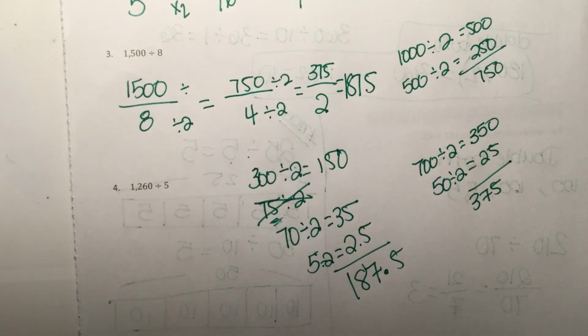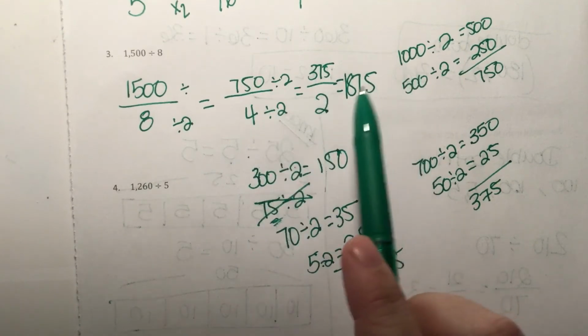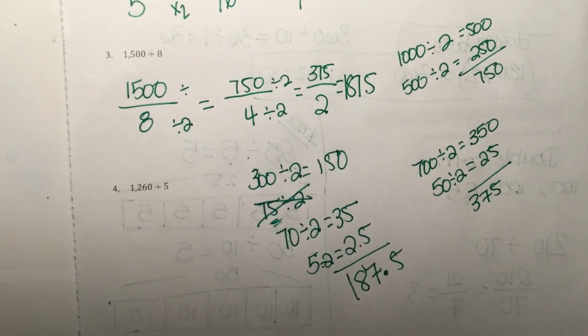But you did it all mentally. You don't have to use a calculator. Just break it down smaller, smaller, smaller. Smaller problems you can do, okay? Because we may not always have a calculator, okay? Okay, guys, so take a peek. Go ahead and pause and copy.